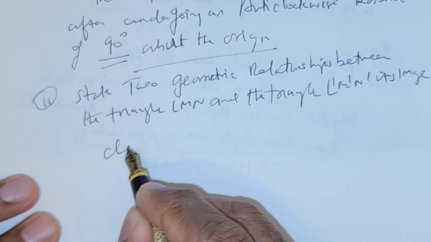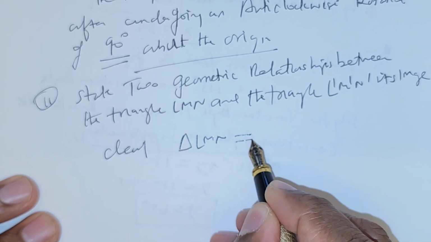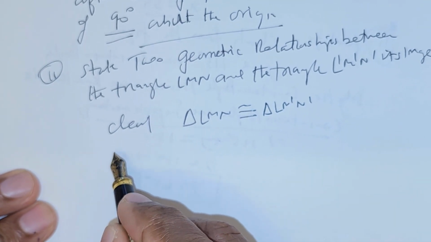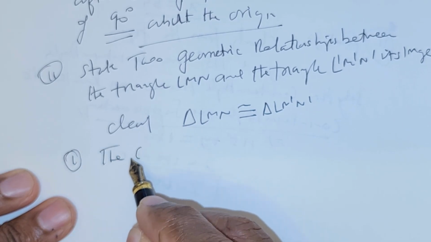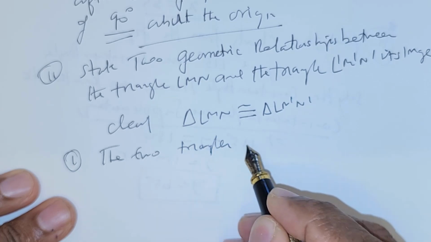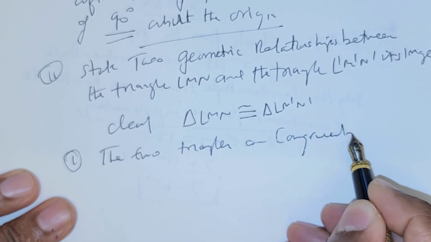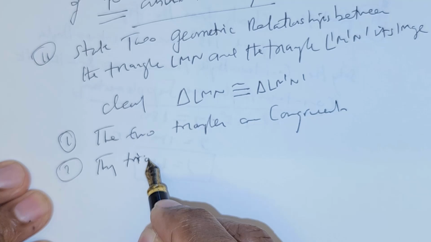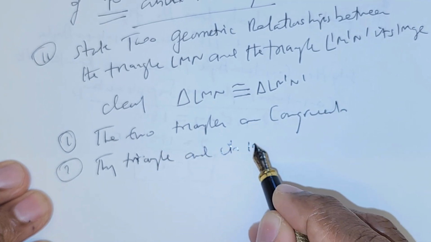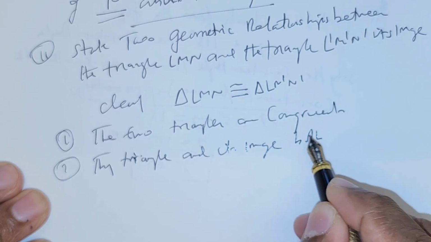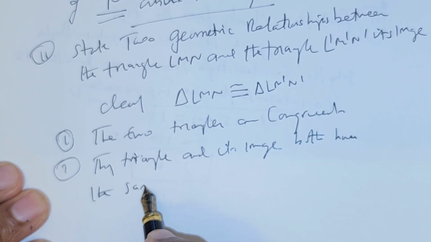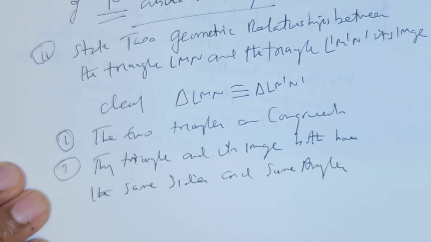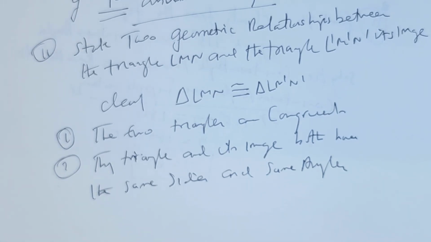So that is the observation. So clearly triangle LMN is congruent to triangle L dash, M dash, N dash. This is the first observation. The 2 triangles are congruent. Number 2, the triangle and its image both have the same sides and same angles. Okay, so that is the conclusion for this question.